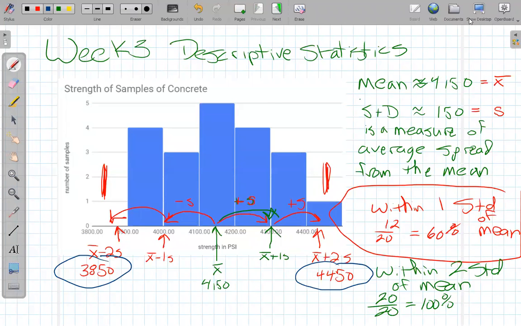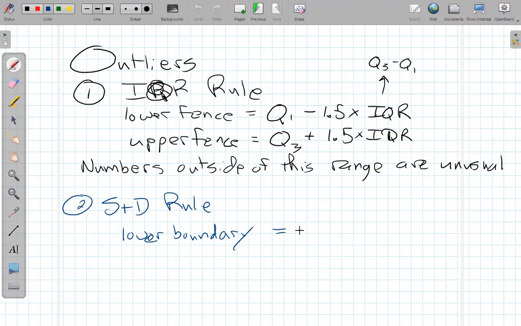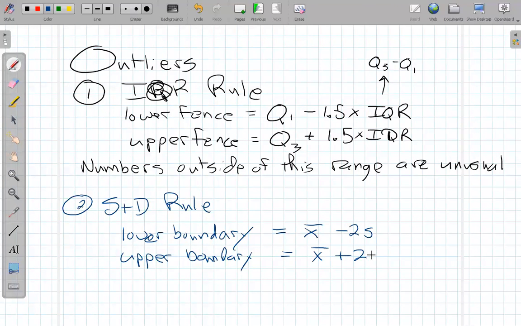So back here, the lower boundary is x bar, the mean, minus 2 standard deviations, and a sample standard deviation is the letter s. And then the upper bound would be find that mean and look 2 standard deviations to the right. So anything within these two numbers is normal, and anything outside of those is considered to be unusual compared to the rest of the crew.